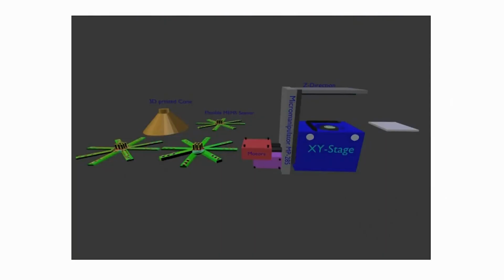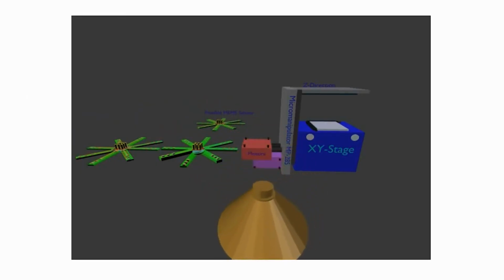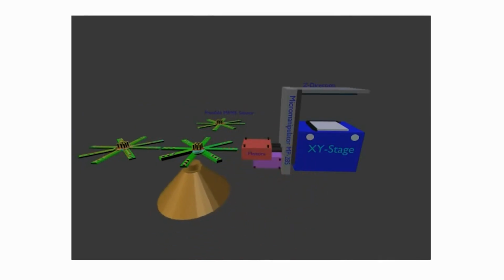So, how does this work? You can quickly see this video, a 3D animation that I have created with the help of Maya, and this is a stage. Now, we have placed the bottom microgrid array, this 3D printed cone, and on this cone we will be loading our MEMS device.